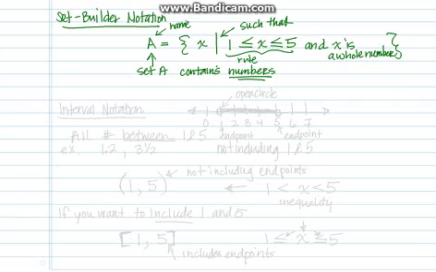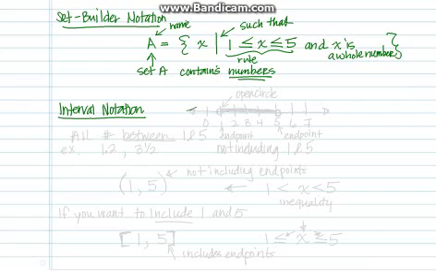Another notation that we have is called interval notation. Interval notation is really good for when you want to talk about a whole bunch of numbers in a set. In particular, we could think about our number line.